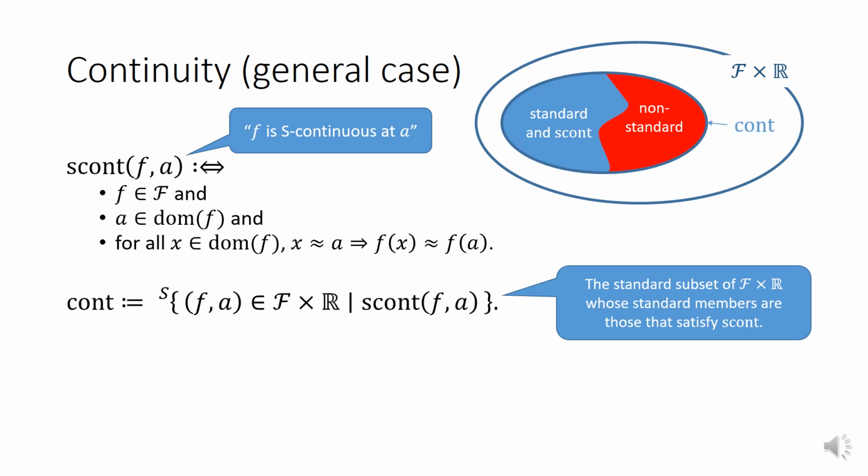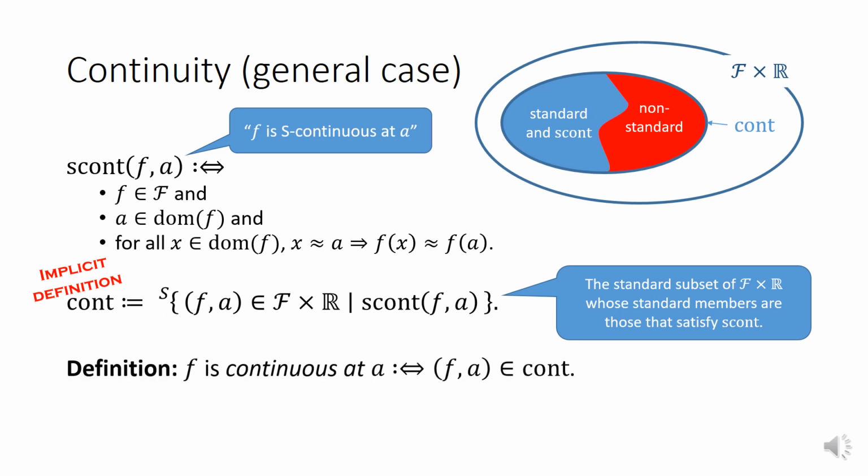This standard set cont also contains non-standard members that do not necessarily satisfy S-cont, but which have the same conventional properties as the standard members of cont. We sometimes call definitions like this implicit definitions, because we can only read the characteristic property of the standard members from the notation, although the defined set also contains non-standard members.